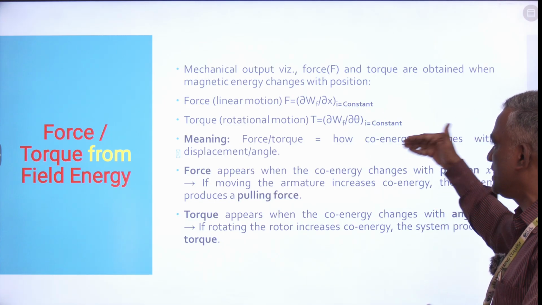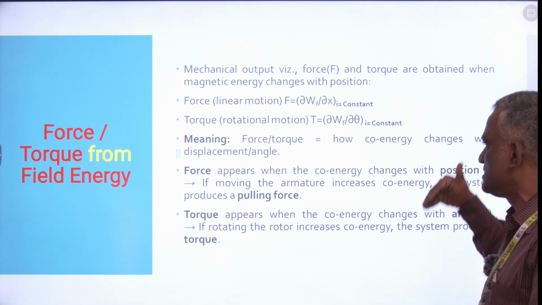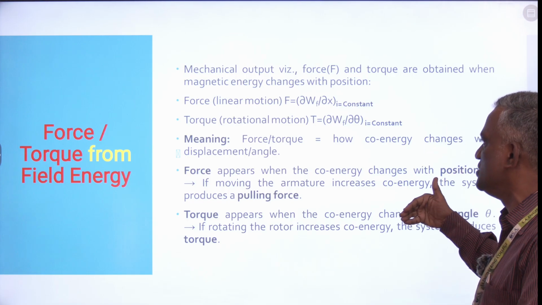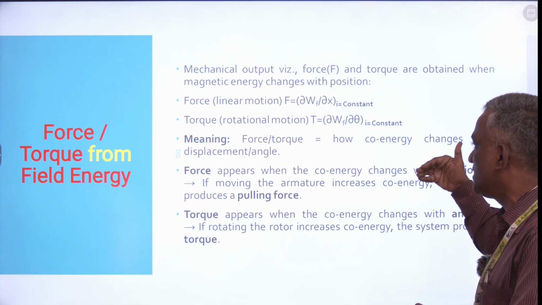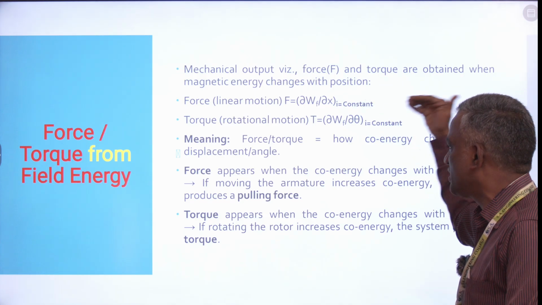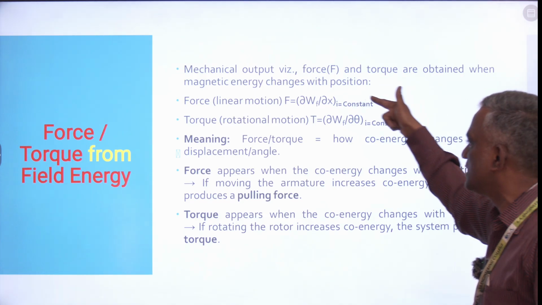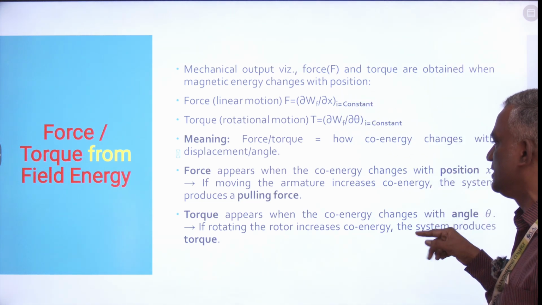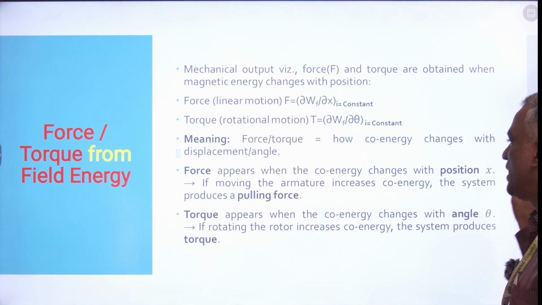In both cases, force as well as torque, we differentiate the field energy, but with respect to what? In the first case, with respect to the position. In the second case, with respect to the angle. This W_F, as indicated in the previous slide, has been calculated as half L I squared.